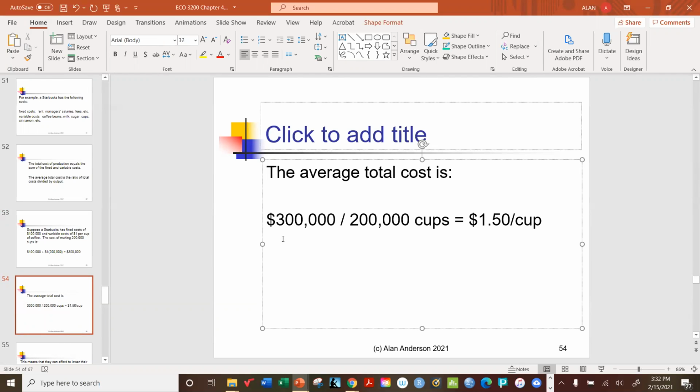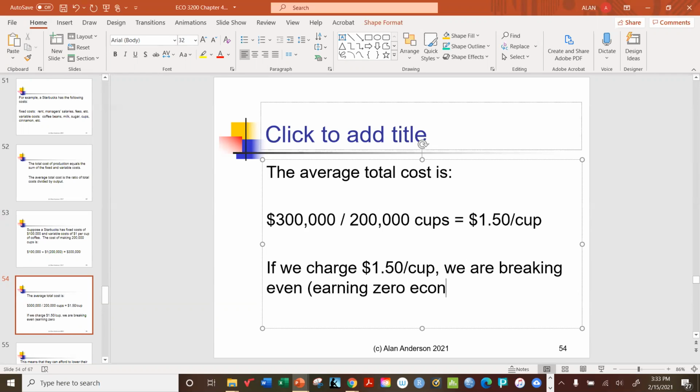Okay, so that means if we charge $1.50 a cup, we are breaking even, or in other words, earning what we call zero economic profits.